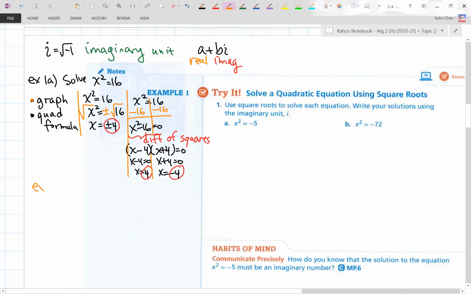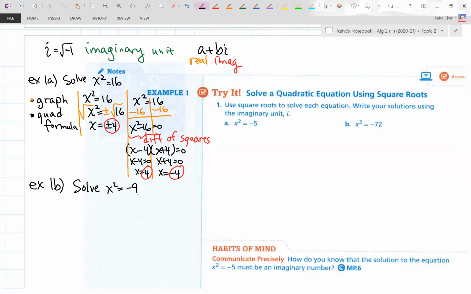Call this one example 1b. Solve x squared equals -9. Now remember what we did for the opener. x squared minus 16 would have been a parabola shifted down 16 units. Here, this would be x squared plus 9 if you move that -9 to the other side, technically.